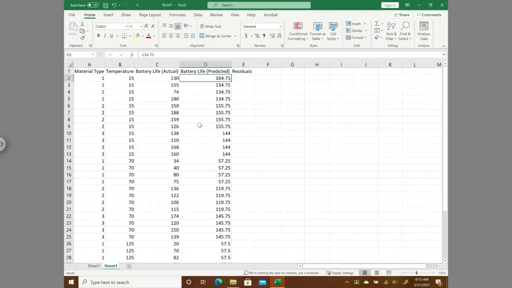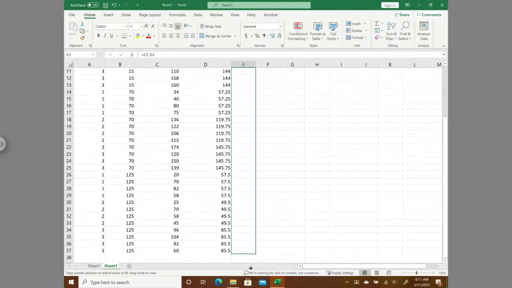Predicted was 134.75, but when we actually conducted the experiment with this setting, we got a battery life of 130. So the difference between the actual and predicted is the residual, equal to actual life minus predicted life. We will have 36 residuals for 36 observations, and then we need to check the assumption on those residuals. So I'm going to just autofill this.